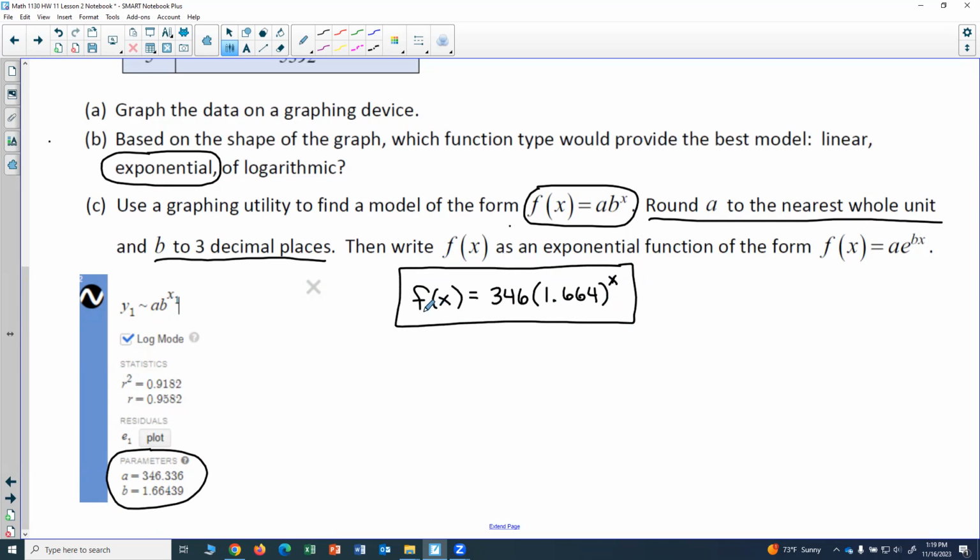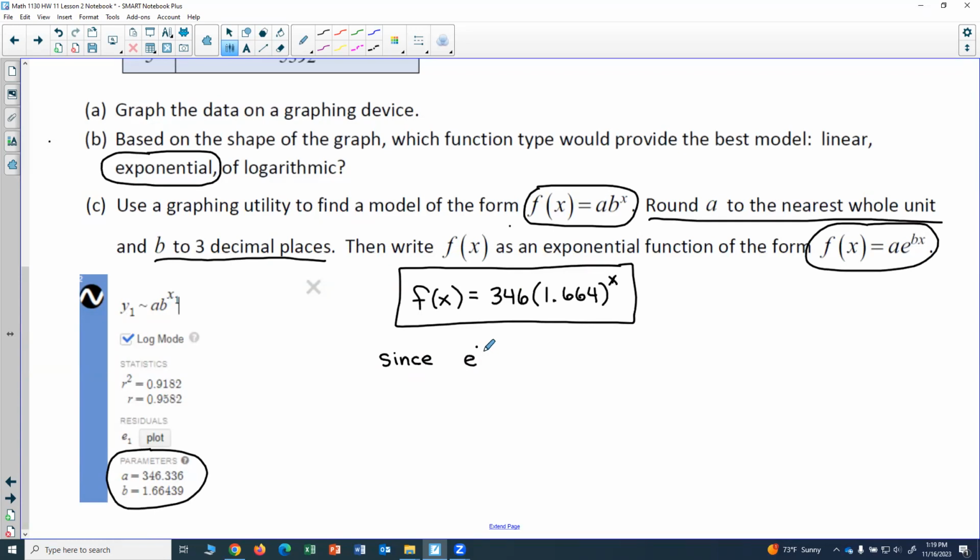Then they go on to say, write f of x as an exponential function in the form f of x equals a times e to the bx. So now I have to use my knowledge of exponentials and logarithms.